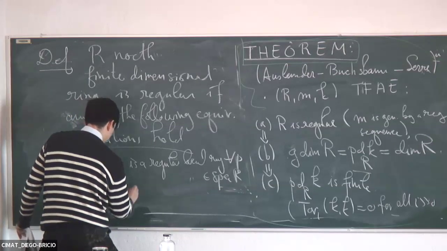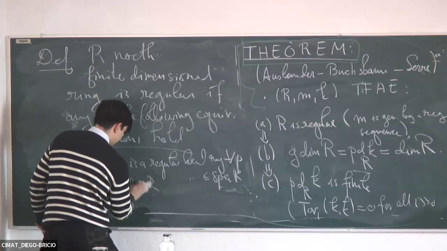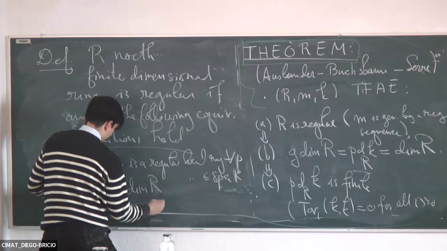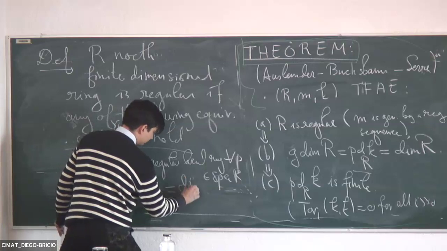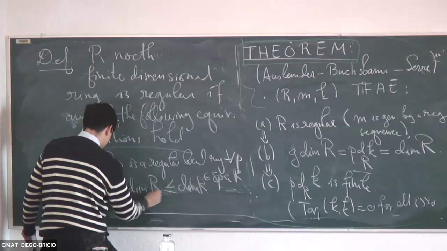The global dimension of R, I guess you can say it's equal to the dimension of R. No, it's bounded, yeah, let's put bounded.